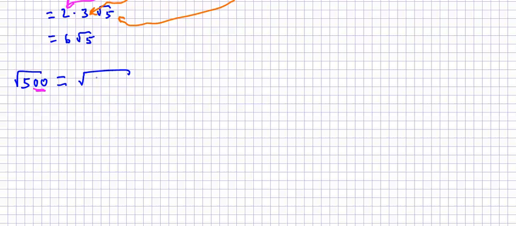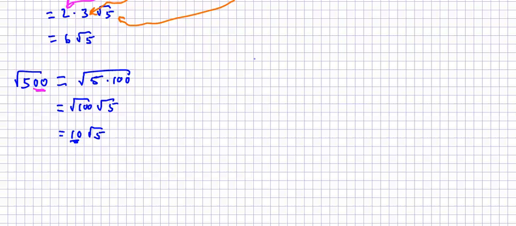Or we know a perfect square is 100. So 500 can be written as 5 times 100, or we have the square root of 100 times the square root of 5, or 10 square root of 5. This number always goes in front of the radical.